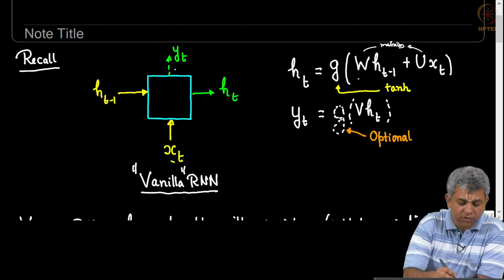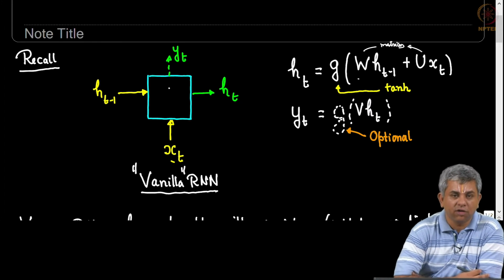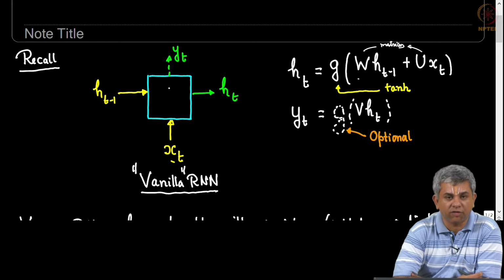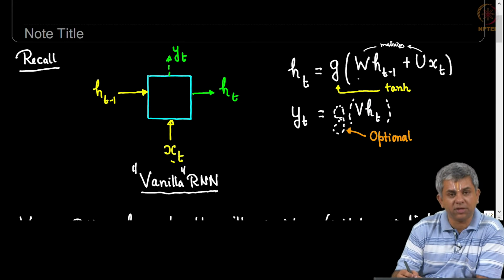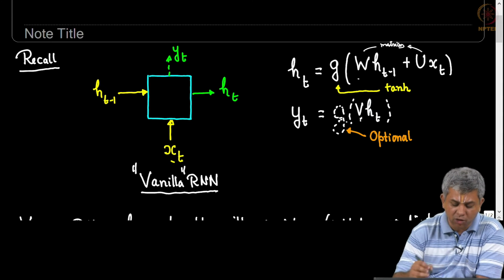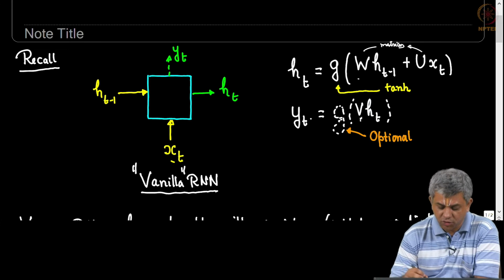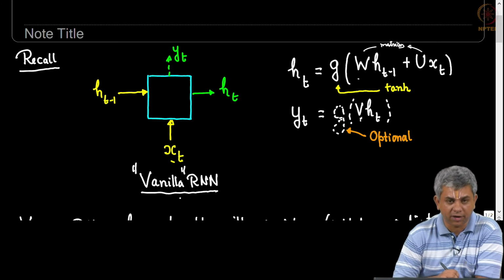Now, the output, which is optional, you can take out at any point, as we saw in the various characterizations of RNNs in the previous videos. So, you have an optional nonlinearity, it might be simply linear or it could have some nonlinearity there, times yet another weight matrix multiplied by the output at ht. So, this is typically what is defined as yt. This is what we call a vanilla or a plain RNN.